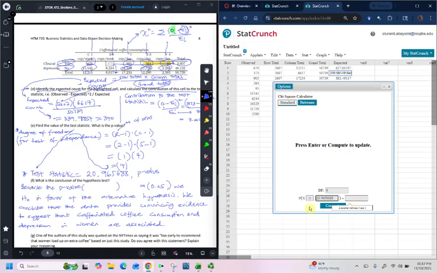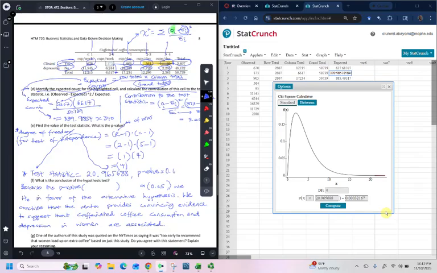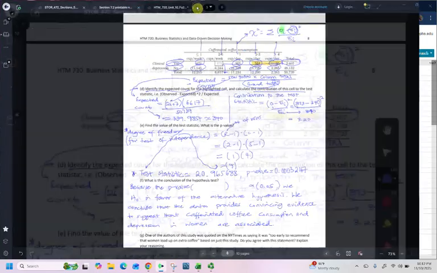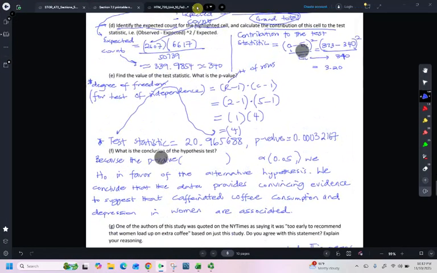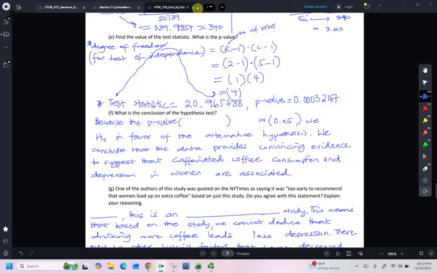Okay, and I will compute. So I can see this is a very small probability, which is 0.00032167.